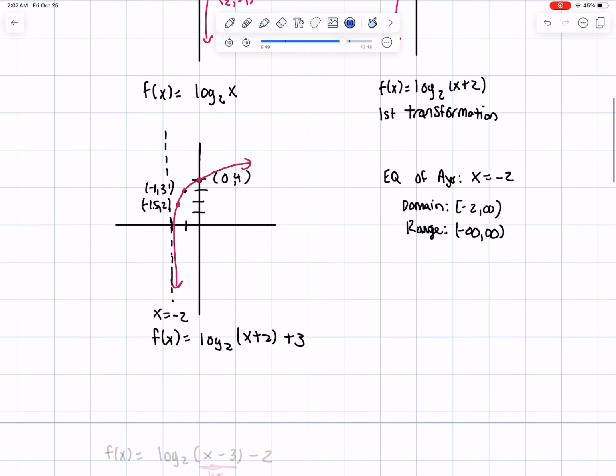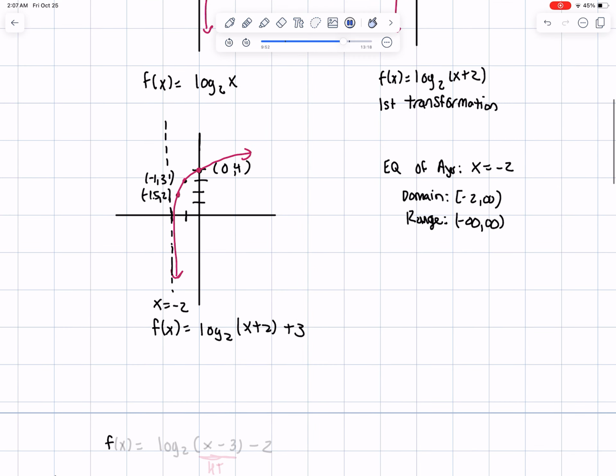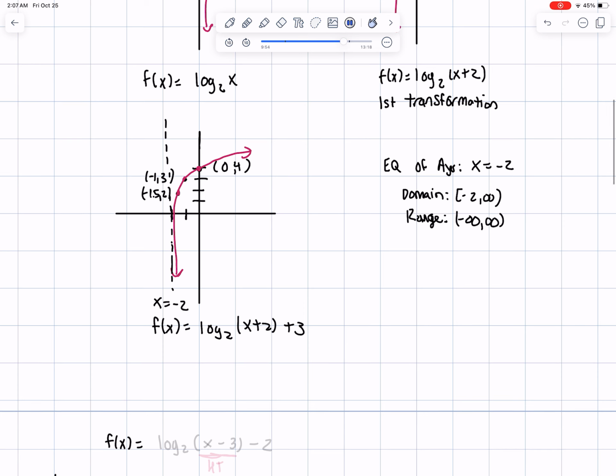Okay, so let's do one more, and this will give you an opportunity to practice. Let's do these two. Let's actually do minus.